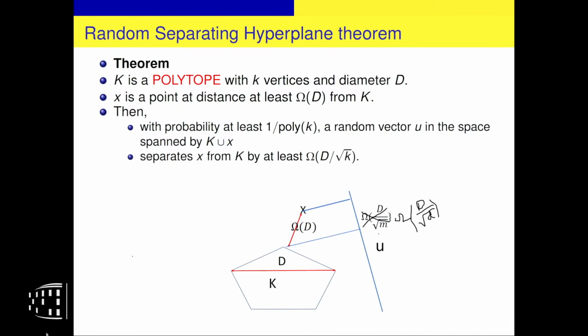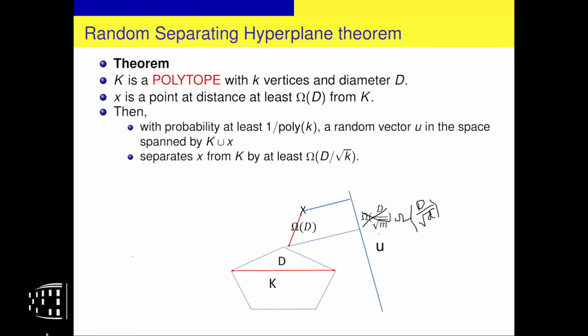Again, a picture. This is x. This is the polytope K. And the distance that it separates by is omega of D. D is the diameter. The diameter is this red line, the largest distance between two points in K. That's D. This is some constant factor times D. The theorem says if I pick a random u, this is my random u, then the distance along u between these two is D over root d.